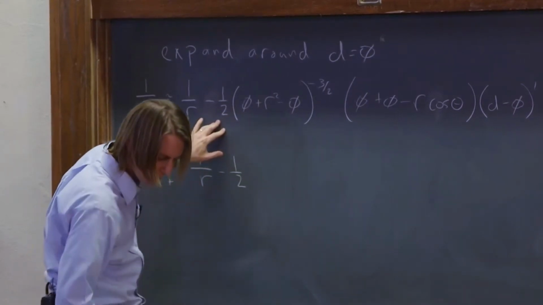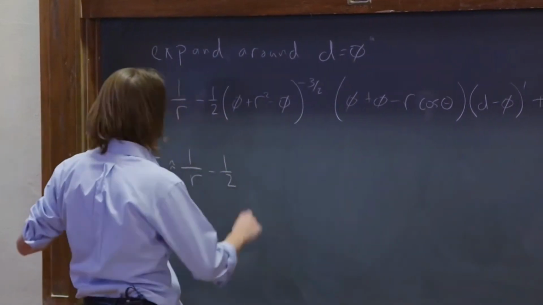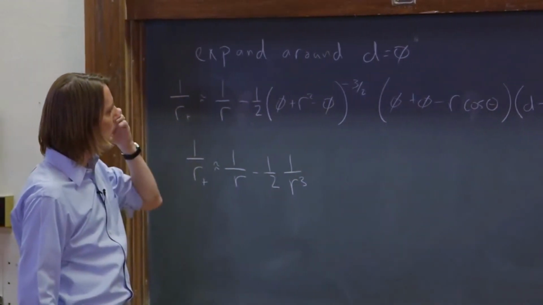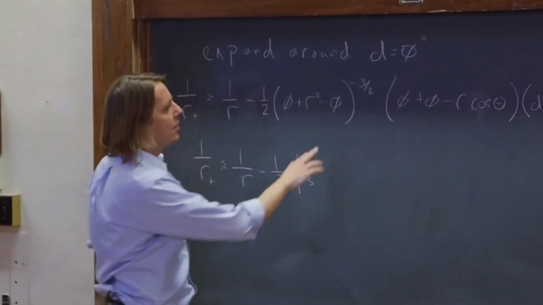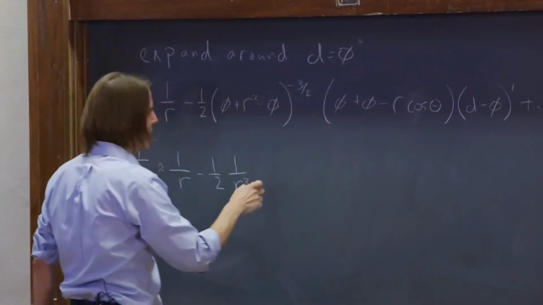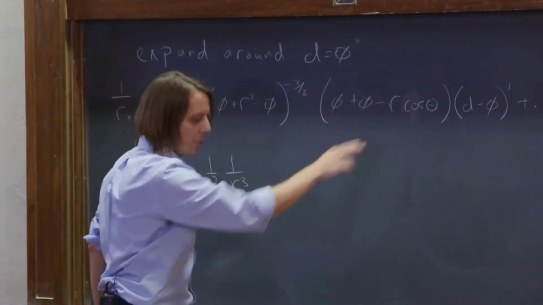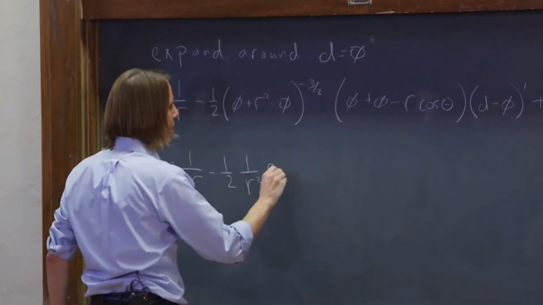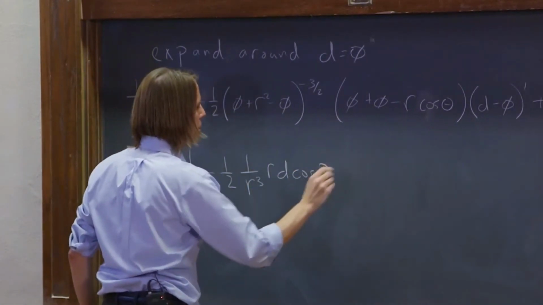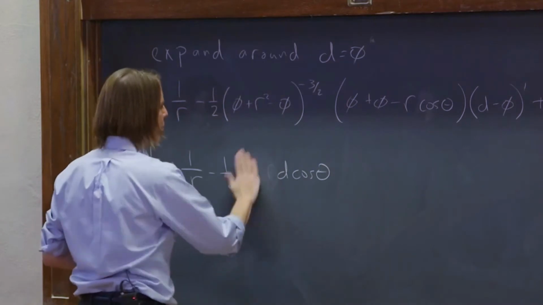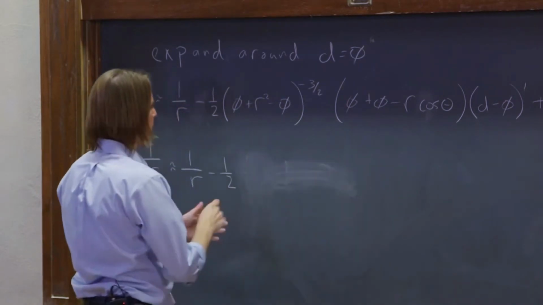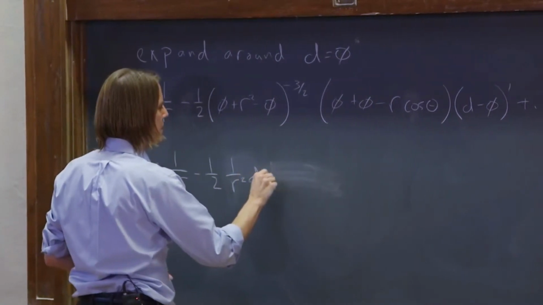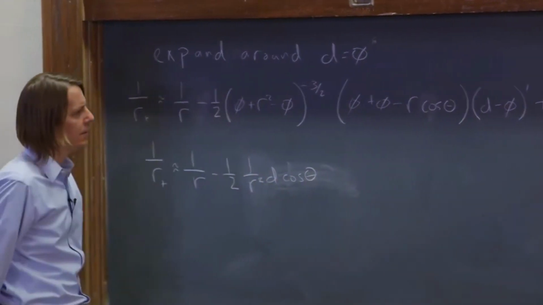I wrote squared here, but it's got to be cubed. 1/2, 1 over r cubed. And then what's left here is r cosine theta and times d. So r d cosine theta, and sure enough, of course, that's where my cube and square came from. R d cosine theta, and those combine to give you 1 over r squared. So it's 1 over r squared d cosine theta.